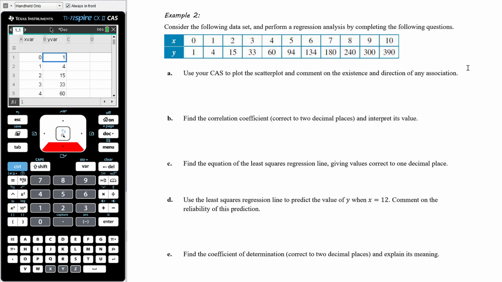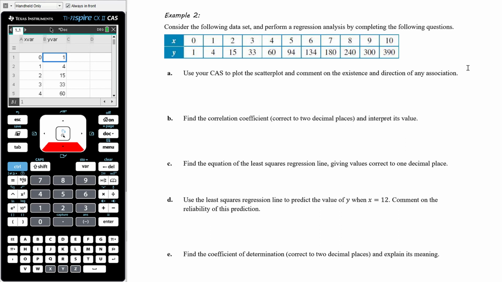So you should never use a single letter to name a column of data. Okay, so I've called mine X var for X variable and Y var for Y variable. You could just call it XV and YV, standing for X variable and Y variable. Okay, but please don't use just X and Y. You'll develop bad habits that are potentially going to become problematic for you later on.